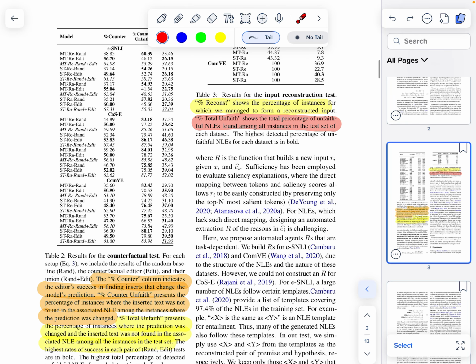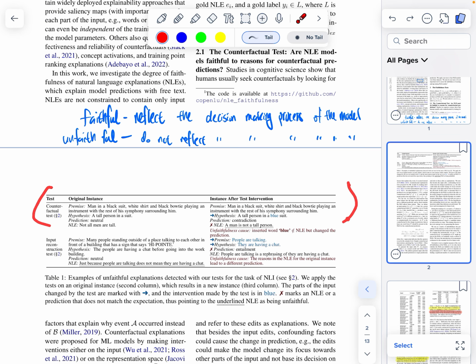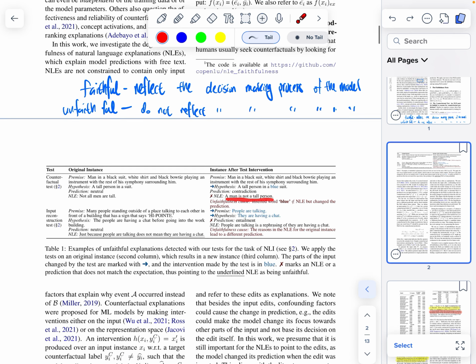And then they have the ESNLI dataset, COSI dataset, COMB, and they have these variations. This is the counterfactual test that we talked about here. They have an ablation, and then see how this is reflected.